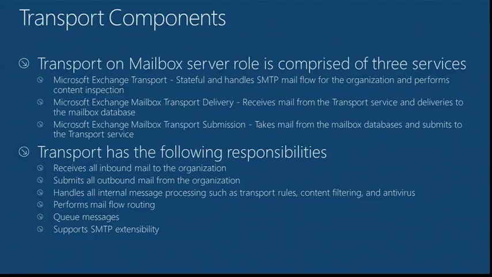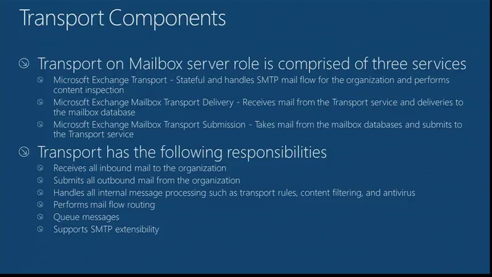Then we have the mailbox transport delivery, and that's receiving mail from transport and sending it to mailbox, and the mailbox transport submission, which is taking messages from the mailbox and injecting them into the transport pipeline to send them out on their way. So it's very, very similar to the components that we had, except now it's all inside the mailbox role instead of on what we used to call hub transport.